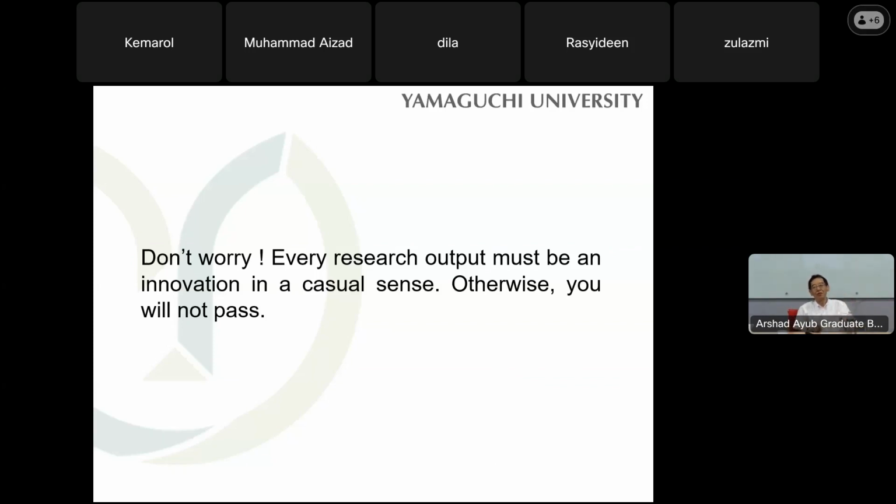If it's not far from innovation, you will not pass. So just focus on your research and follow your research guidance, then it will be your innovation. The important term here is writing thesis is your innovation. I will explain later what I mean when I say your innovation.